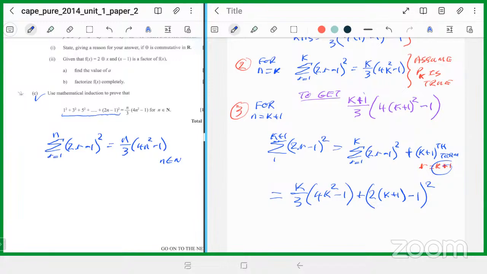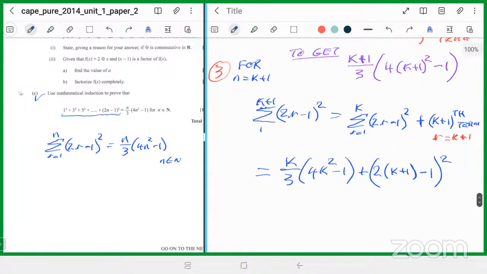The first aim is to try to get this (k plus 1) over 3. That should be your first aim. I'm going to have to factorize with a k plus 1 somewhere in here. But let us continue. We're working on this thing now, and our aim is to arrive at this.